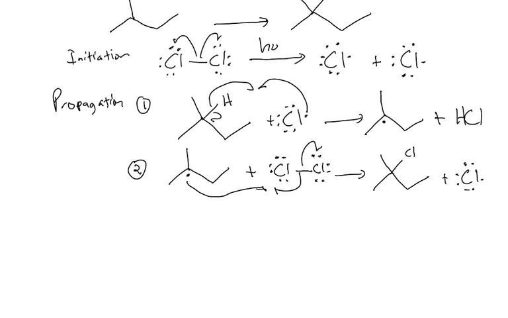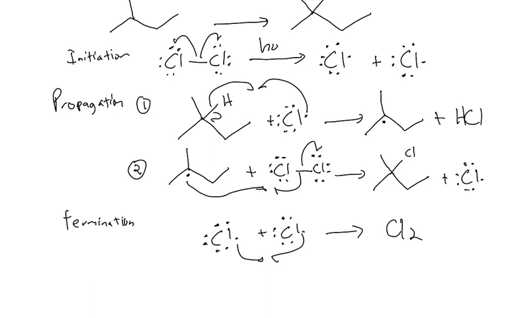All right, and then finally, they wanted us to show a termination step. And so there are a lot of possible termination steps, and that's just where 2 radical species combine to give a non-radical species. One of those would be if 2 chlorines combine with each other, right? And then that would make Cl2.